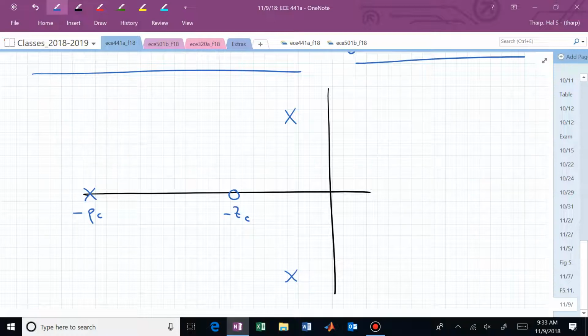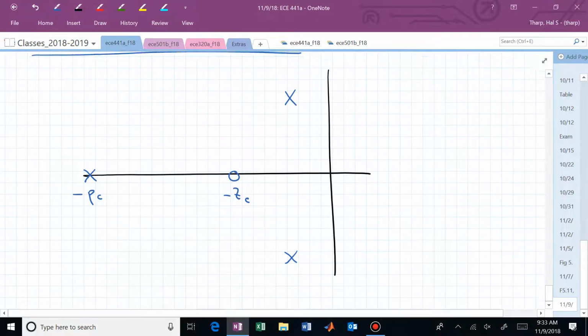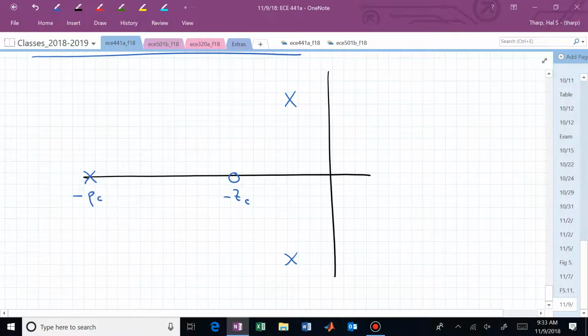And if we really stretched the distance between z sub c and p sub c, maybe we could almost neglect p sub c, and now we're back to that pure differentiator.